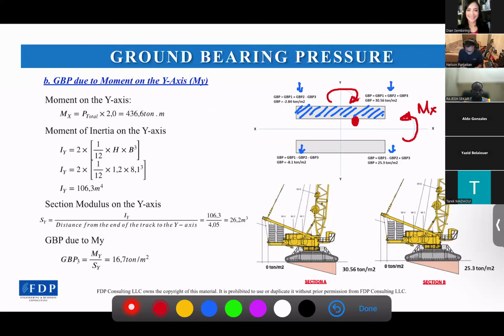If the tracks rotate to this side, then more pressure will be carried by this side. That's why I put the GBP3 as positive here, while the rear tracks I put as negative. And then we can combine them together. That's how I get the total GBP at each side of the tracks.